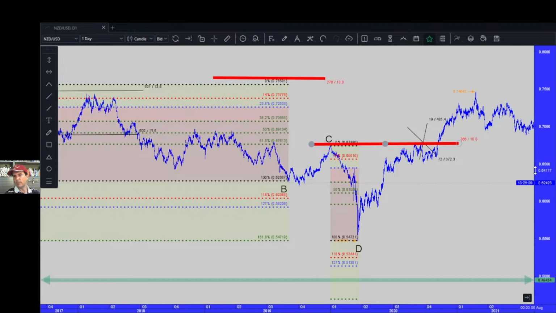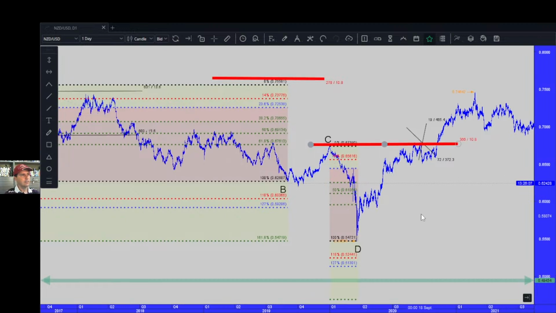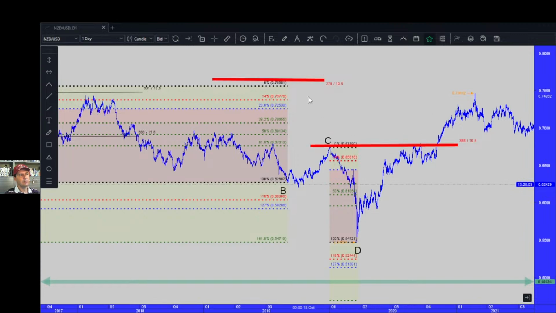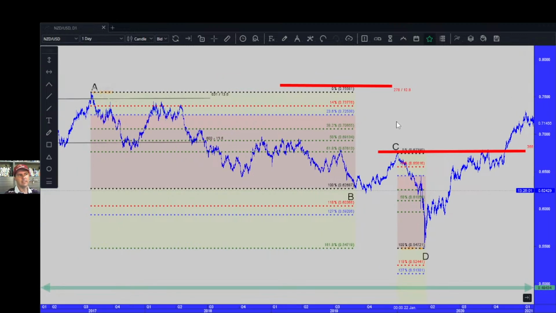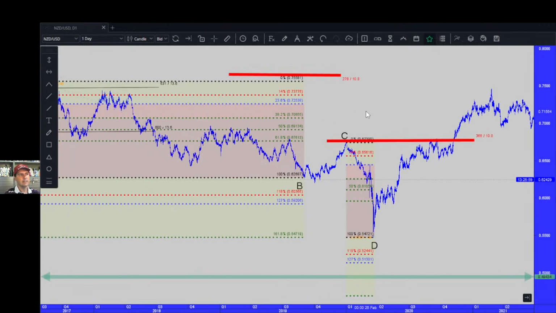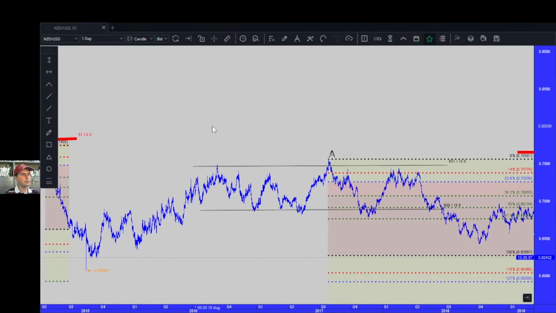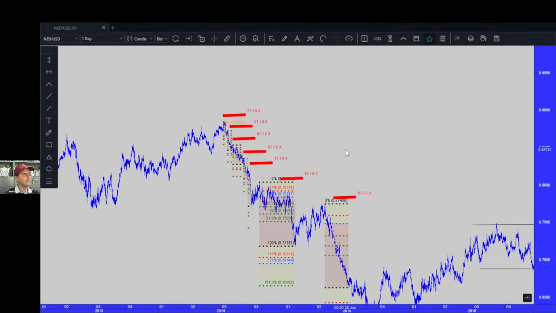Is this good news or bad news? I've been telling you that Fibonacci has an edge. The Fibonaccis are going to win 7 times out of 10. Here is proof on the chart. Of course, NZD USD is the example today.